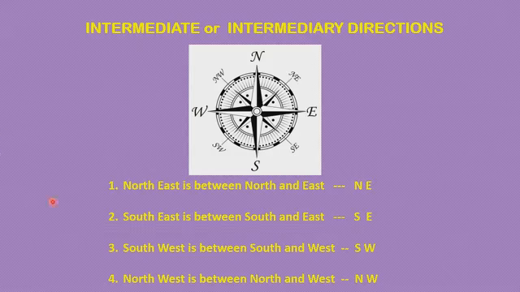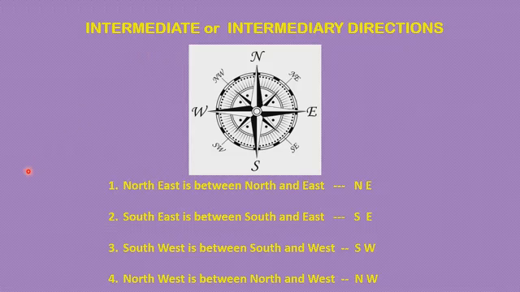Children, look at the picture of this compass. Notice that four intermediate or intermediary directions are marked between the four cardinal directions, children. Have you seen here? NE, SE, SW and NW. These four are called intermediate or intermediary directions, children.